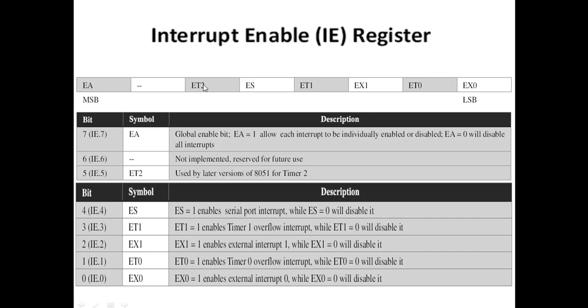And the upper nibble 1, 0, 0, 0 will make it 8. So if we want to enable external interrupt 1, we need to configure the enable register in binary as 1, 0, 0, 0, 0, 1, 0, 0, and in hexadecimal it needs to be 84. Okay, this way you can enable your register.